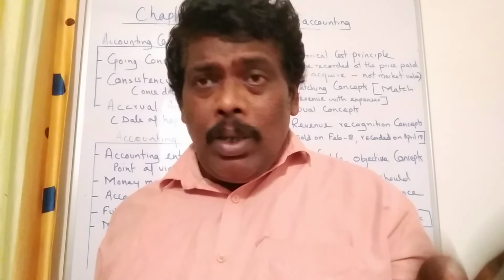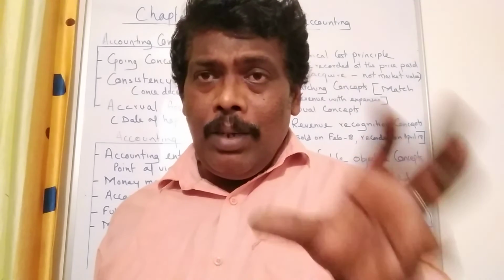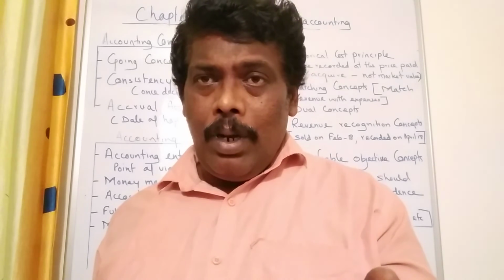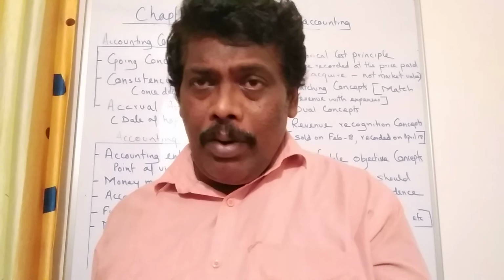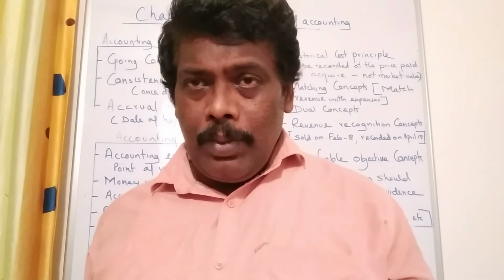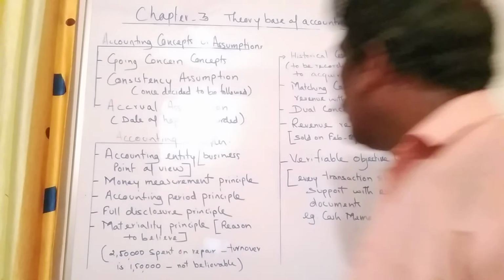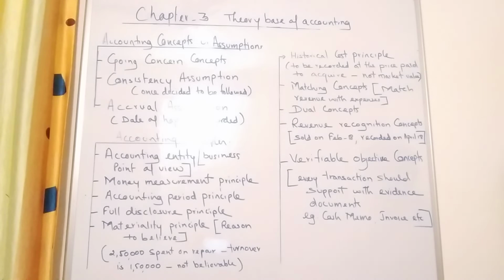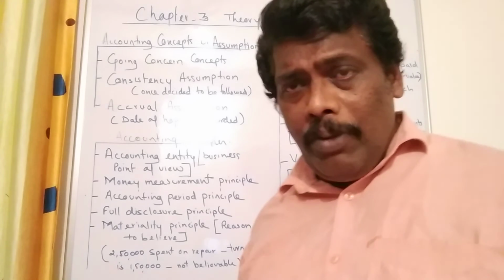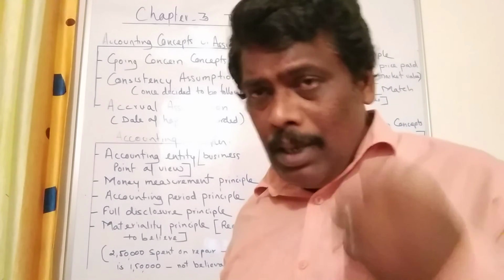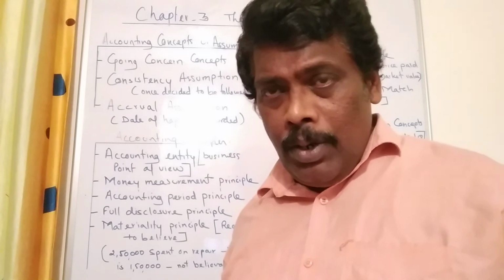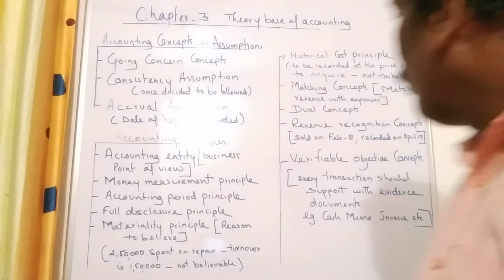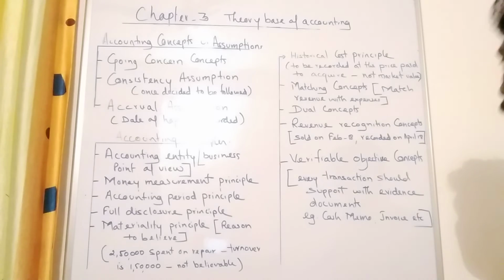We are not supposed to consider the market value at that time. So this is all about the historical cost principle. We have to consider only the price paid at the time of acquiring the asset. Whatever price was paid at the time of acquiring an asset, that has to be considered. Not market value.